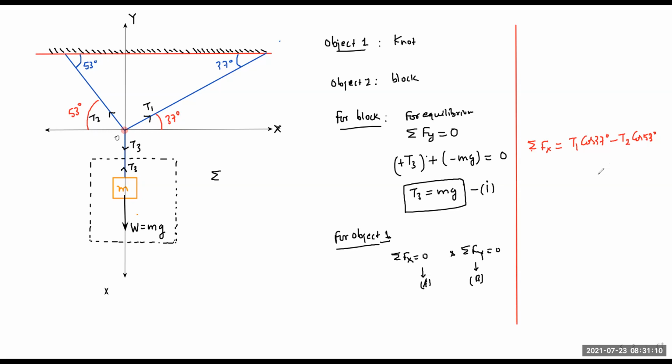Correct. So T3 is along the y-axis. When we have a force along any given axis, its perpendicular direction cannot have any component. So the force along y cannot have a component along x. Similarly, the force along x cannot have a component along y.